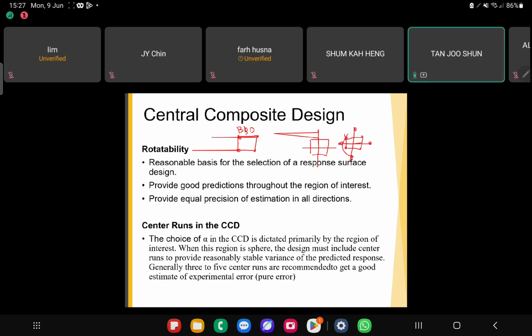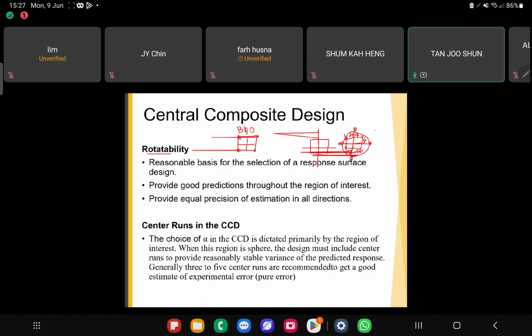So when you connect all, it becomes a circle. So we call it rotatable. So it is able to detect those empty areas that BBD cannot. BBD is just like this.